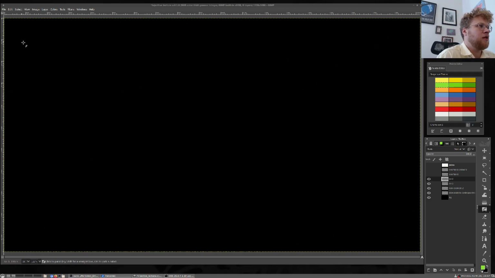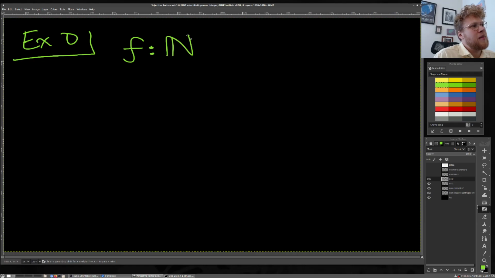So let's start with, I'll call this example 0, and I'll try to make it very, very simple. Let's take a function f that maps the natural numbers to the natural numbers with n mapping to n plus 2.